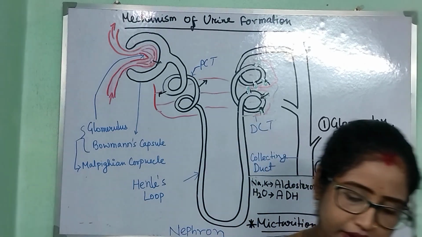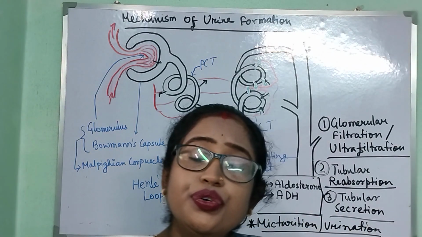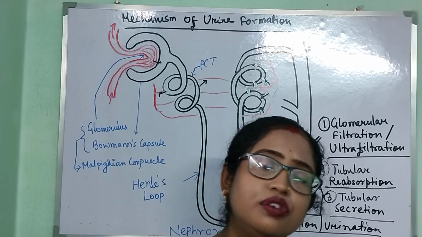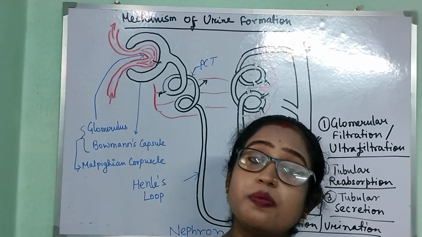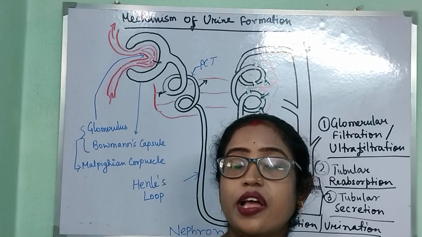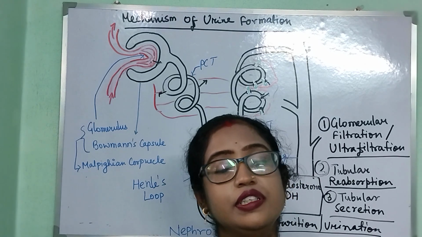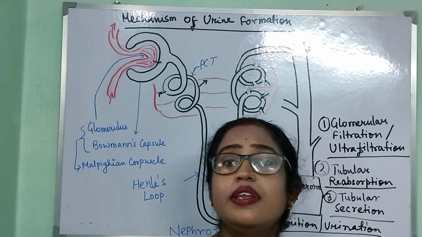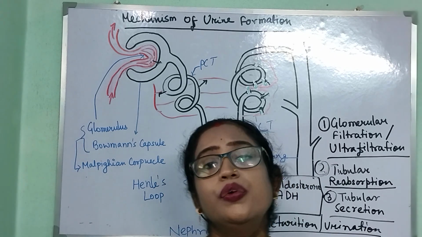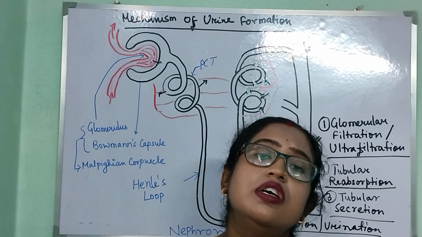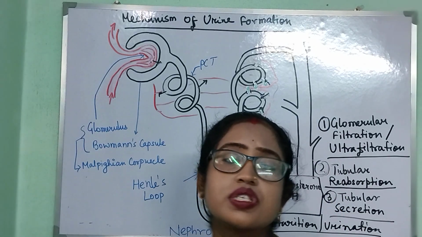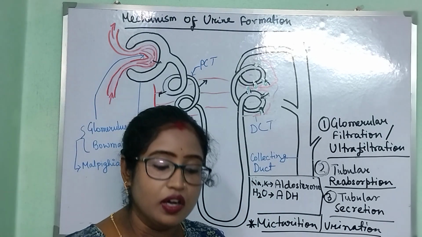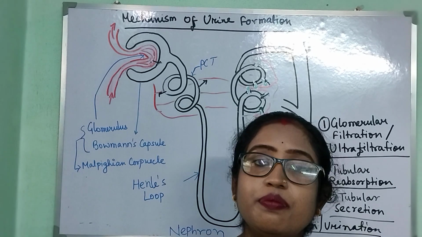So when the urge to urinate happens, we can sometimes control the urge just because of this voluntary action and the presence of nerves in the urinary bladder. And when the urge is much higher, then the urine is passed through the urethra to the outside of the body. So this is the detailed mechanism of urine formation.